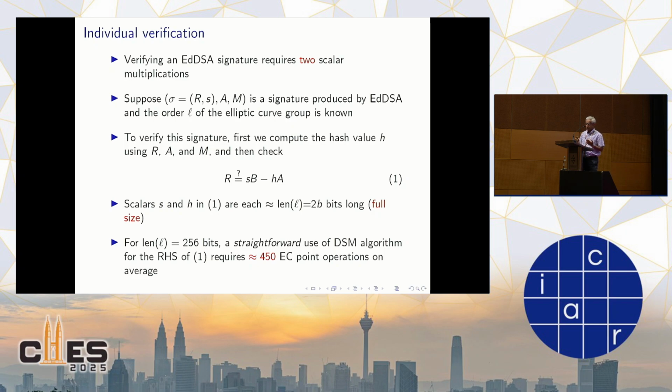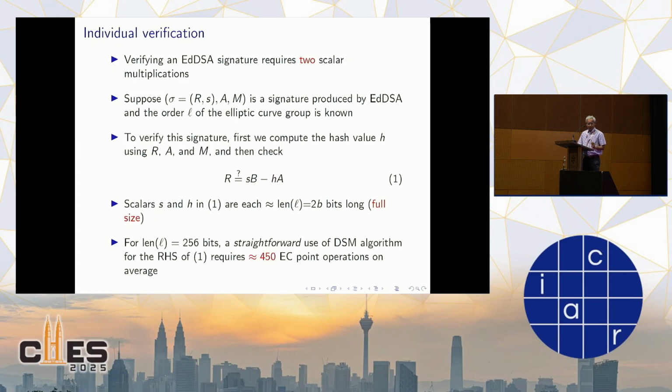Here, the bit length of scalars S and H is roughly equal to the bit length of the order L. If order L corresponds to 2b bits, then we call it a full scalar size, or the scalars are full length. For example, for the Ed25519 curve, this 2b would represent close to 253 bits.